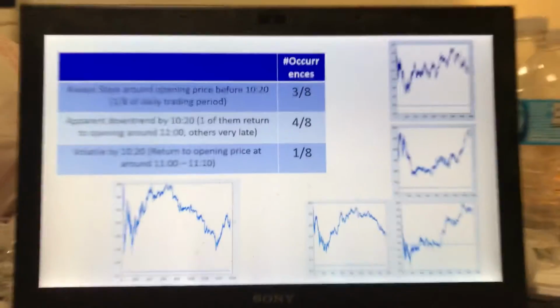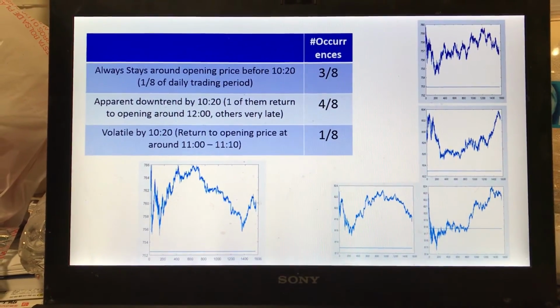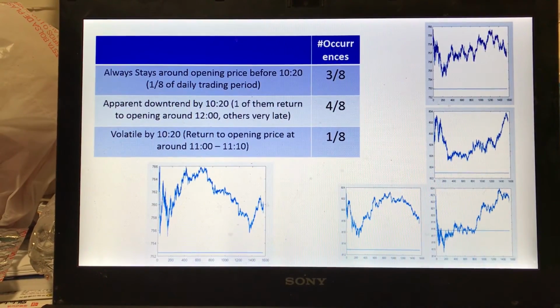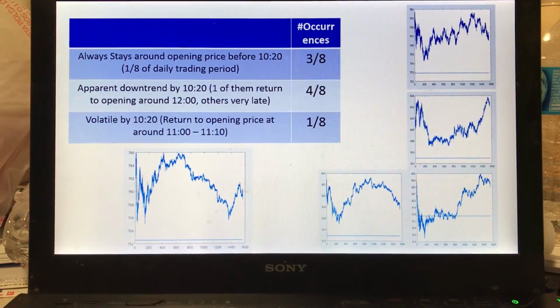However, one of them returned to the opening price at around 12 o'clock, and others returned to the opening price at a very late time.